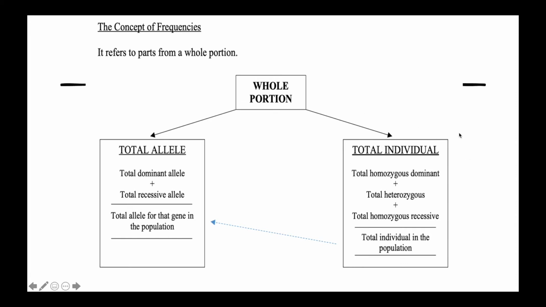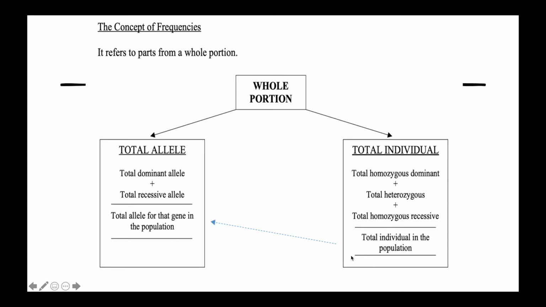We can also talk about the total individuals present in the population. The total number of individuals that are homozygous dominant plus the total number of individuals that are heterozygous plus the total number of individuals that are homozygous recessive will give you the total individuals in the population.